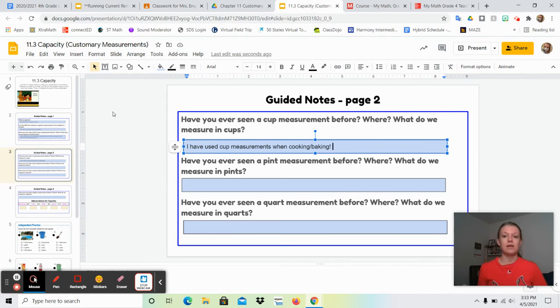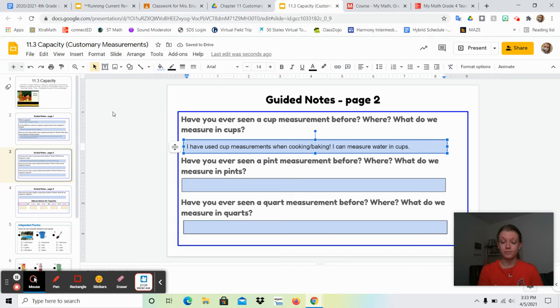So what do we measure in cups? We measure, let's see, a lot of times you just measure water in cups.